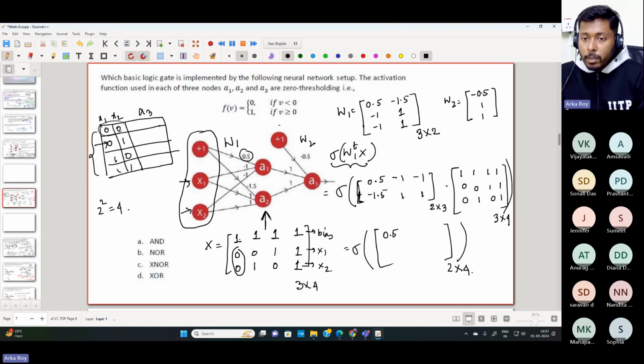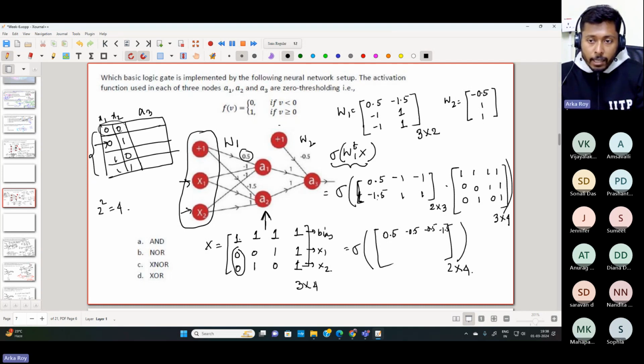What will be the second element? So you multiply like this. Minus 0.5. The third one: you have 0.5 into 1 and then minus 1 into 1. So you will have 0.5 minus 1, hence minus 0.5. The fourth one is minus 1.5.